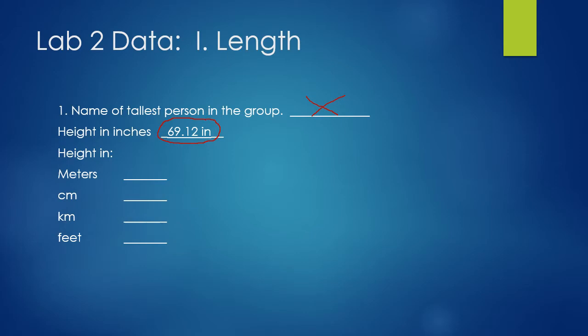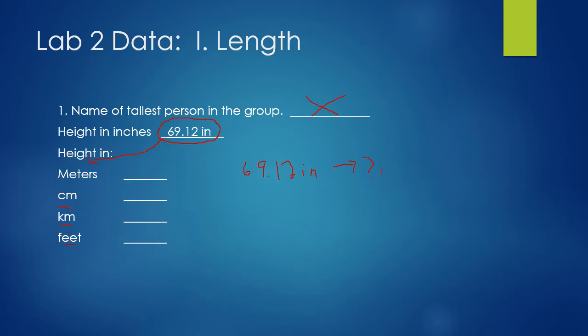So you're going to take this measurement in inches, and you're first going to convert it to meters, next to centimeters, then kilometers, and finally feet. So if you looked at the pre-lab video on the previous slide, what you're starting with is this 69.12 inches, and you first need to convert that into meters.